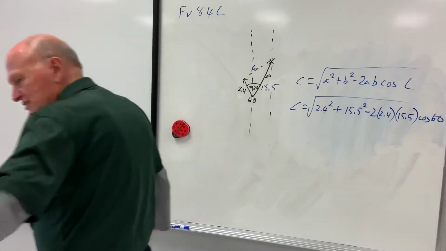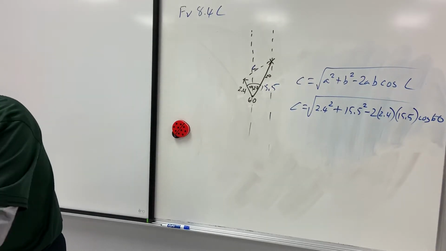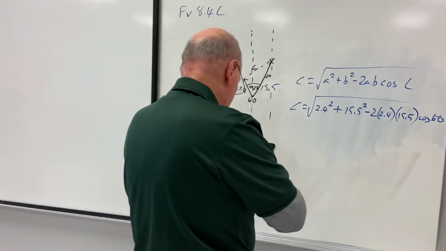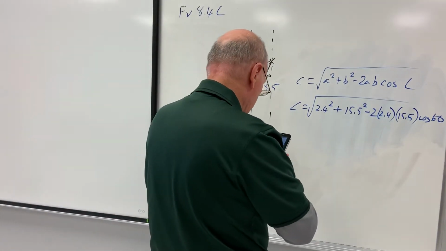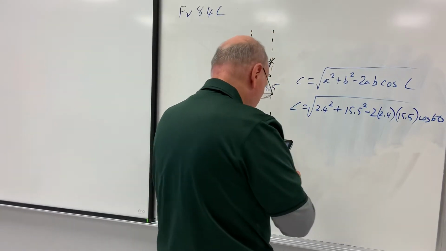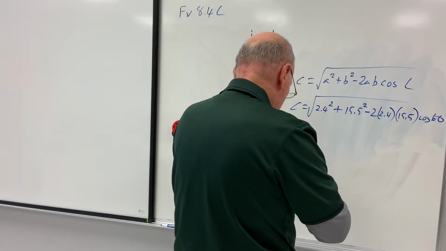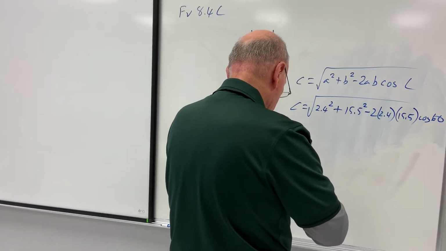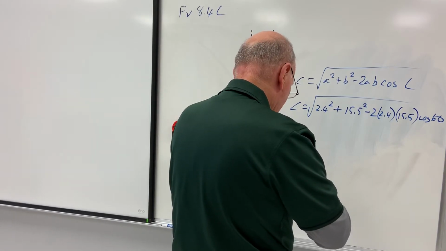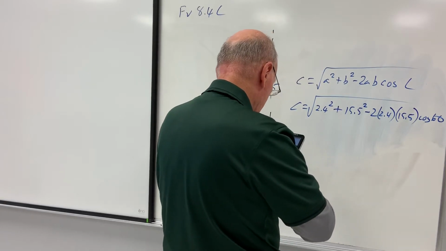Now, I figure you guys already have this plugged in. I know you can do it faster than I can, but we're going to plug this in. So I've got second, square root, 2.4 squared plus 15.5 squared minus 2 times 2.4 times 15.5 times cosine of 60.